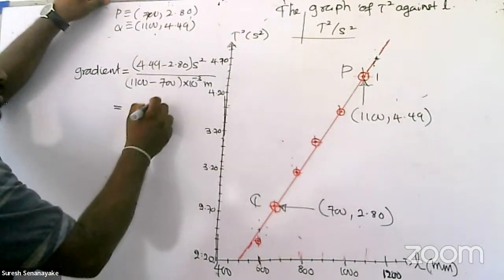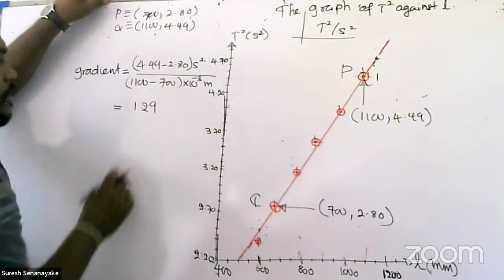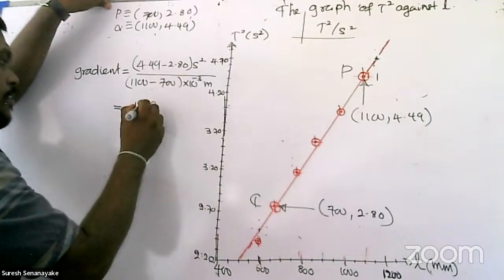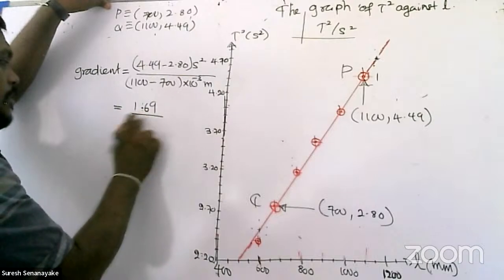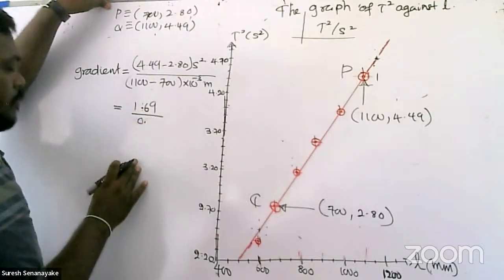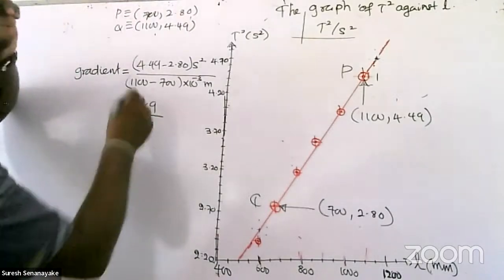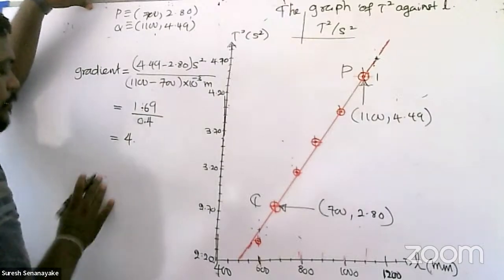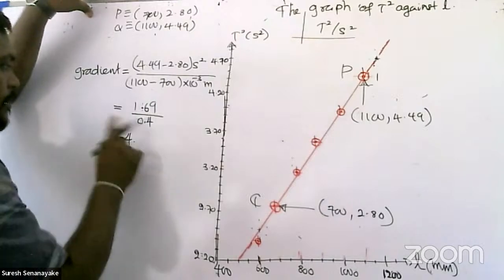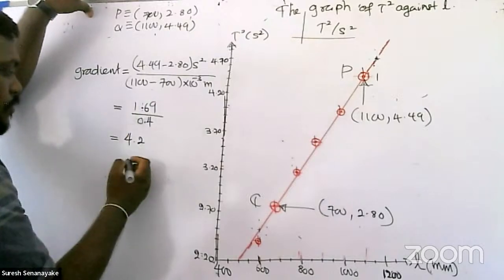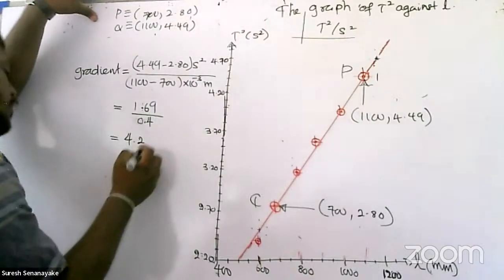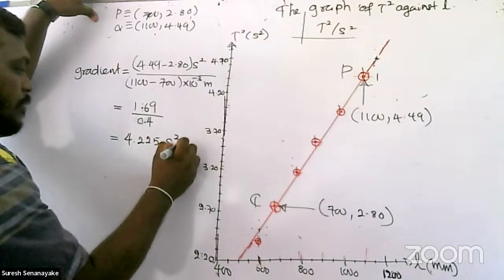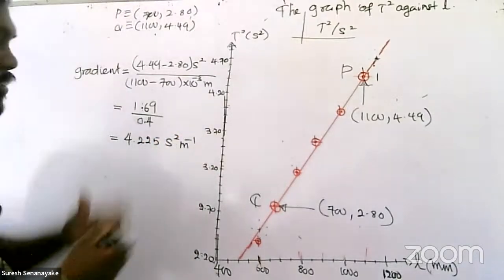Then subtract, and you can divide it. The unit is square meter per square second per meter.